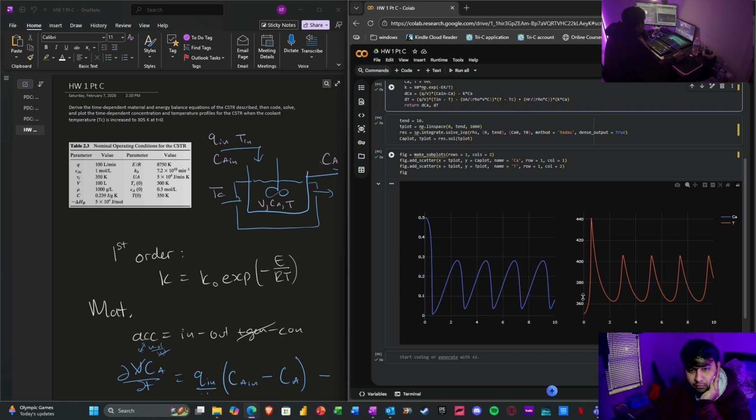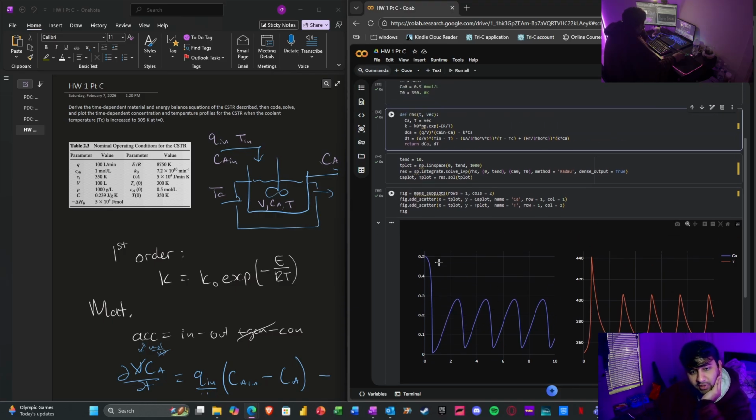Then when you put back in your cooling water, your reaction picks up and you have more reacting, and this is where cooling comes in, and it decreases your temperature and the reaction goes up. Then the heat starts coming back, and it just keeps repeating itself over and over again. This just kind of shows what the unpredictability of an exothermic reaction looks like. So yep, that's part C.